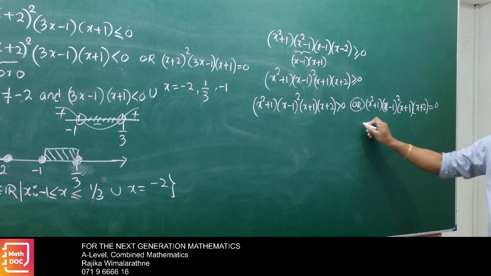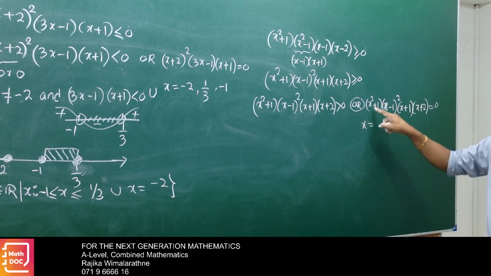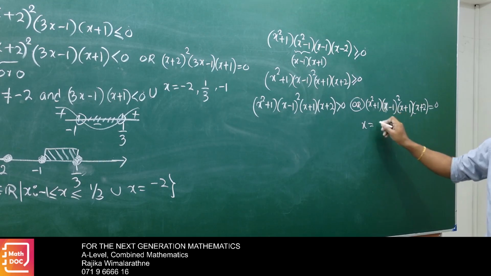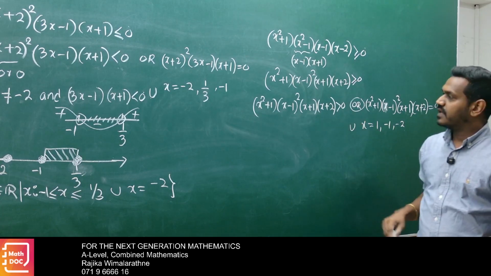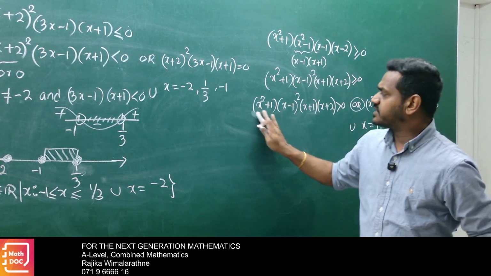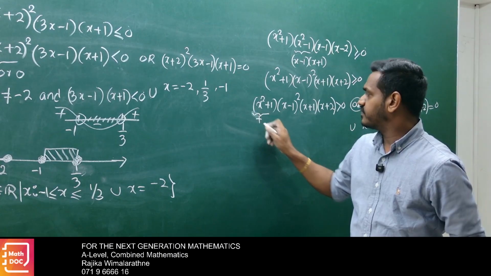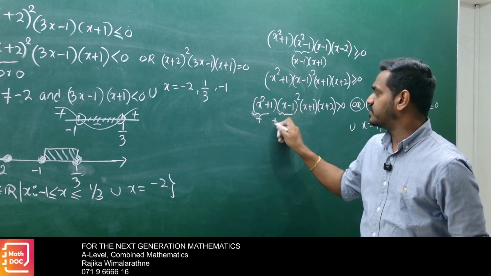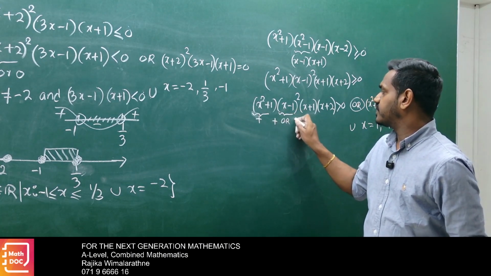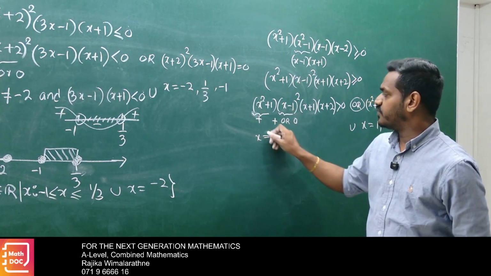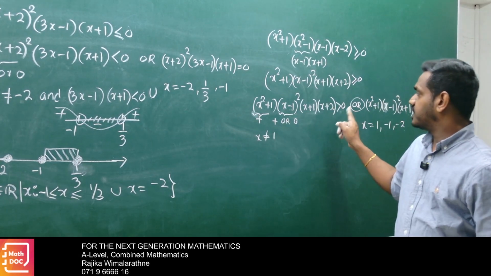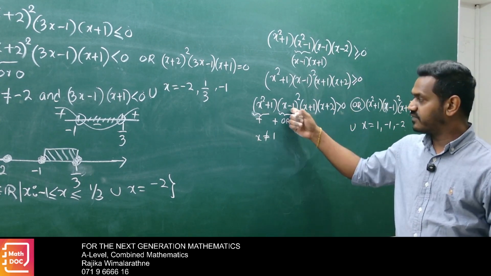Then here solution x equal, here we don't have a solution for this factor, and here 1, minus 1 and minus 2. We have three solutions for that. Then here completely positive, and here positive was 0. Then 0 value you exclude, you remove 1, because we need greater than 0 value. When you put x equal 1, that becomes 0.